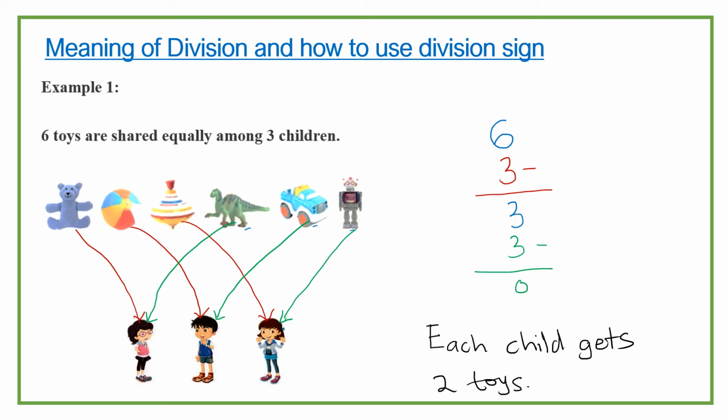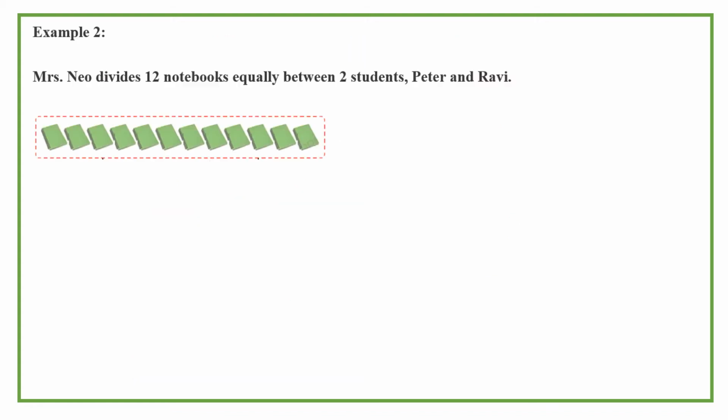Now, we will look at another example to understand more about the meaning of division. So, in example 2, Mrs. Neal divides 12 notebooks equally between 2 students, Peter and Ravi. You can see this word equally.